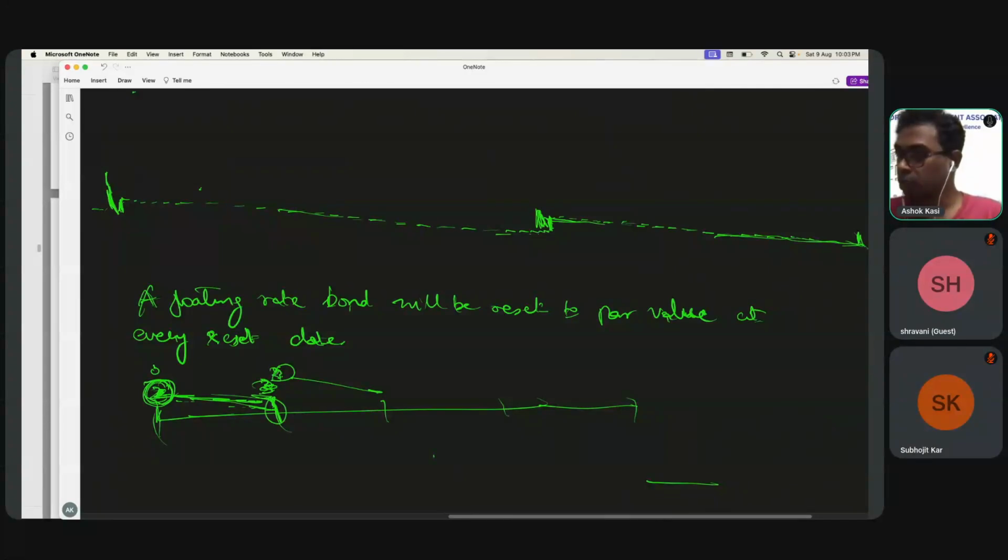Once the new interest rate comes up, it will behave like a new bond expecting 3%. Then again it will be repriced to par, and then behave like a new bond. Maybe the new interest rate is 2.5, then it will behave as if a new bond with a coupon of 2.5. So every time it will reprice to the par value. Is it okay?